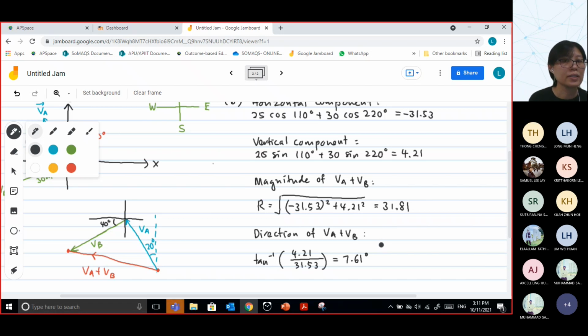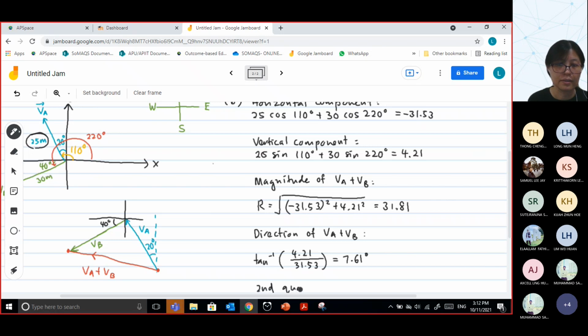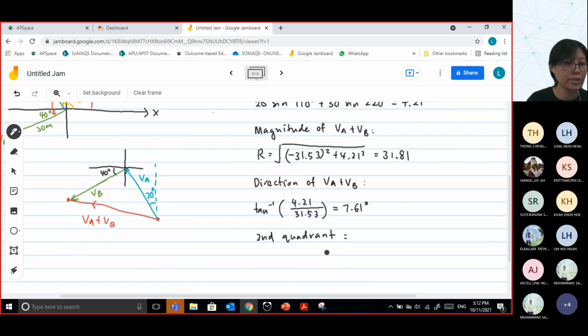Second quadrant. Horizontal is negative, vertical is positive. Saad, can you understand why second quadrant?